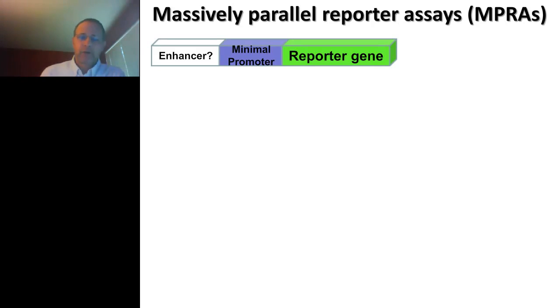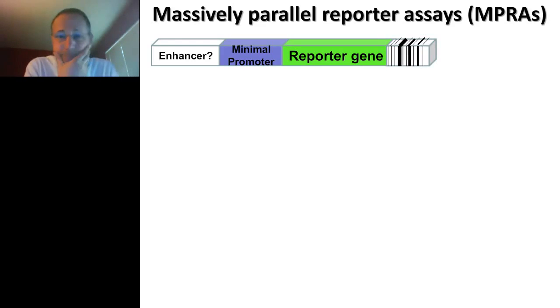But the trick, which Jay Shendure pioneered, was to add a 15 base pair barcode right here on the right. This 15 base pair sequence can be transcribed along with the reporter gene. So if the sequence on the left is an enhancer, it turns on the minimal promoter and the reporter gene, and will make an RNA that has both the reporter gene and the 15 base pair barcode.